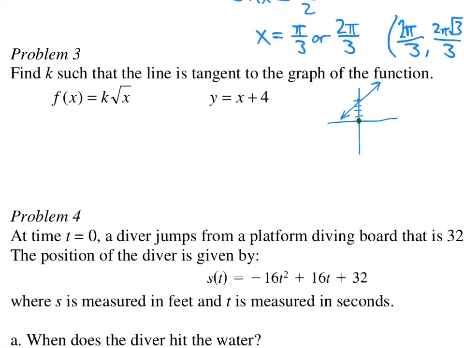We know that the radical function is going to hit 0, 0, but normally it would go up like this. So obviously we can't make k equal to 1. The question is, how much do we have to stretch it? Okay? Any thoughts on how we might tackle this problem?